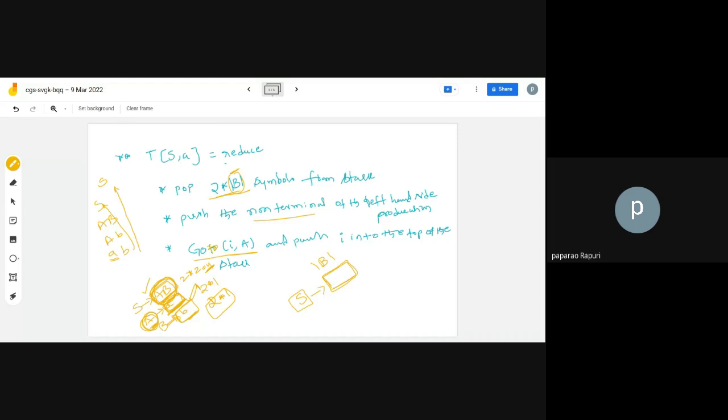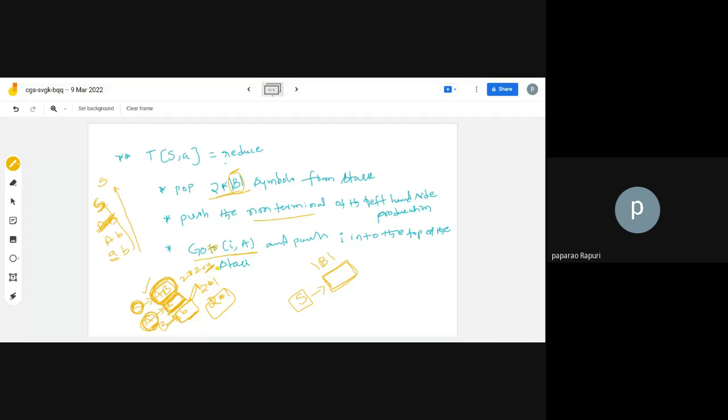And coming to pushing the non-terminal on the left hand side: here the left hand side non-terminal is S. We are reducing AB and placing S. For that purpose we pop AB and we push S. So the non-terminal is the production's left hand side symbol.